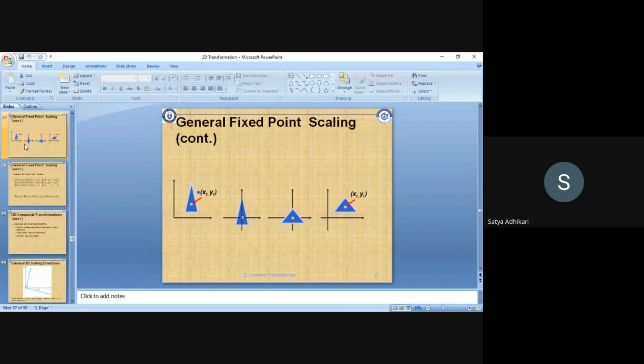So you apply that matrix, and after that you get a new image after resizing. See picture number 3: now it is changed. The size is changed because I have applied the scaling factor. As you know, scaling changes the size.